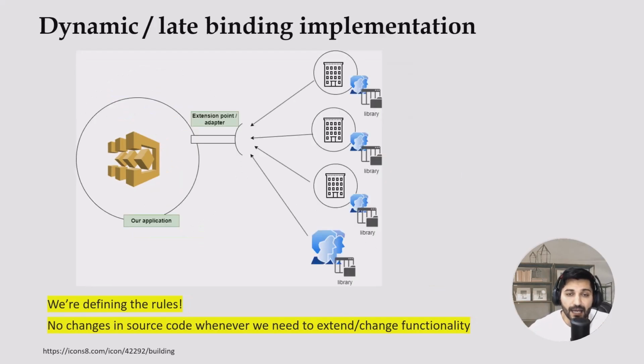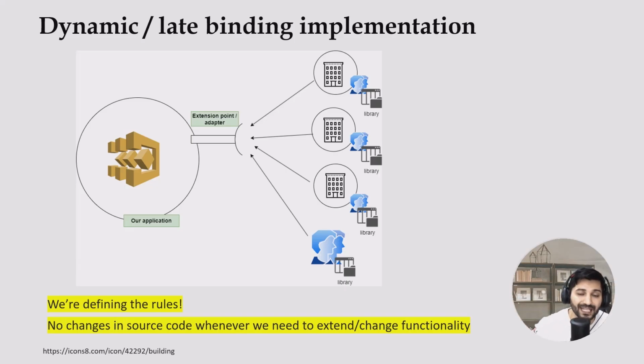But how about dynamic and late binding implementation? In this case, we have an application, but in our application, we have some type of extension point. We have some type of adapter. We have, again, multiple banks, and even a single developer. These banks will provide a library for us, but they may have different libraries. For that reason, we have one single contract for all banks. So, for example, we have an interface with two functionalities.